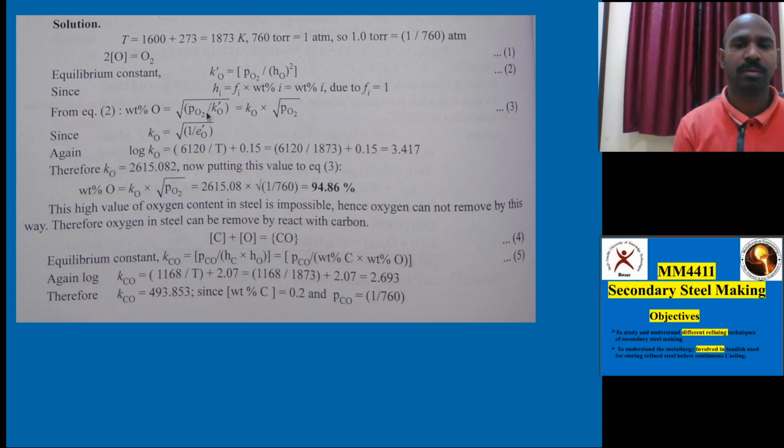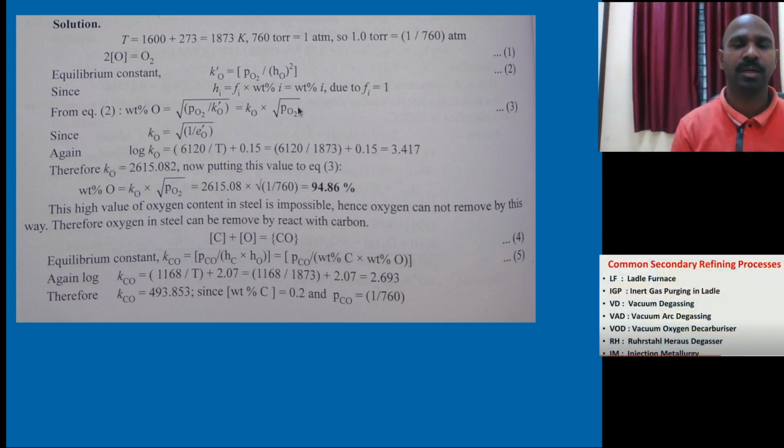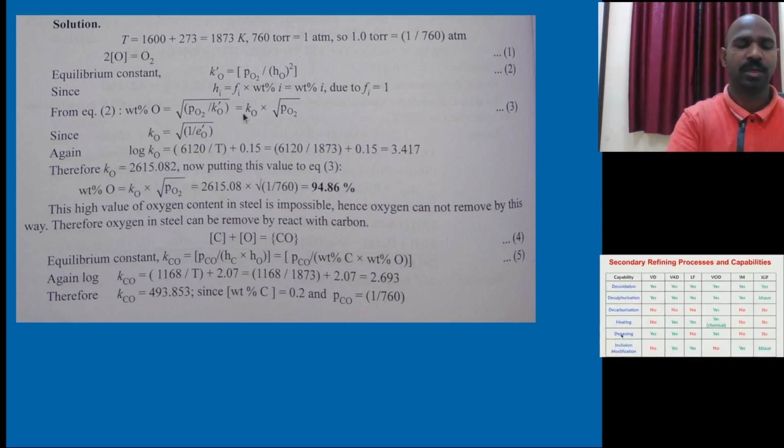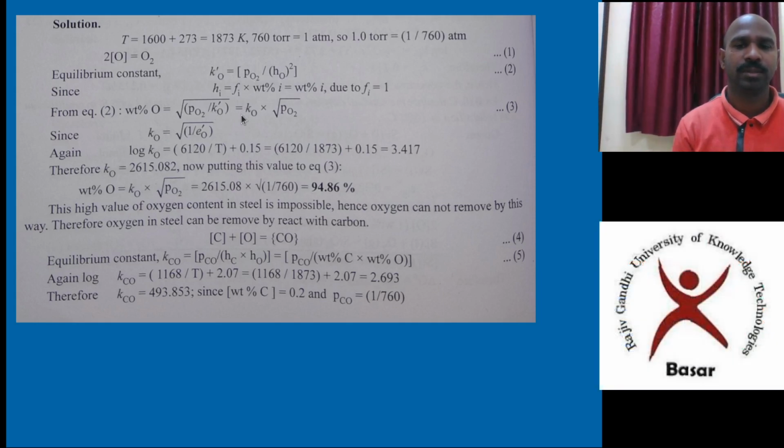One of the assumptions, since this is knowledge one needs to have, is that these things will not be given in the numerical problem every time. As per Henry's law, h of i equals f of i into weight percentage i, where f is the Henryan coefficient and weight percentage is that of the ith element.